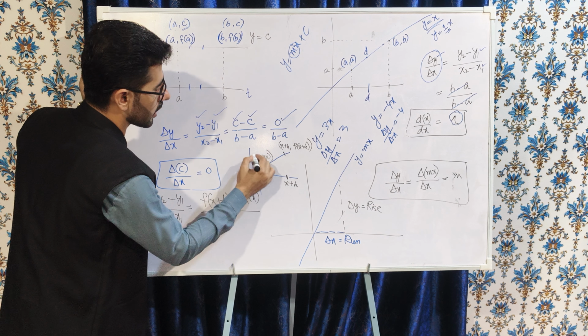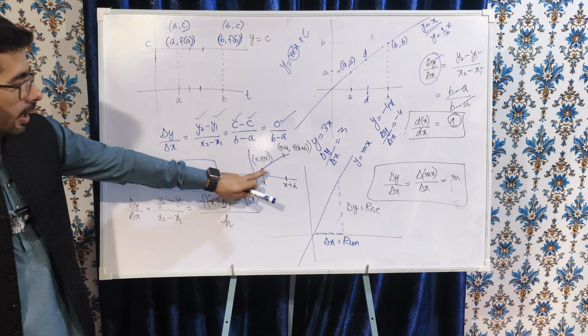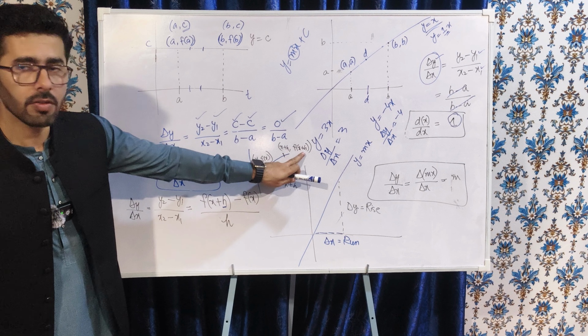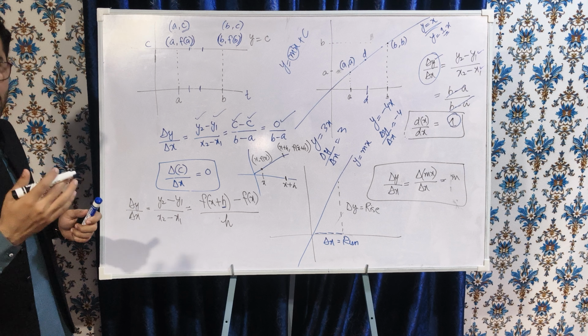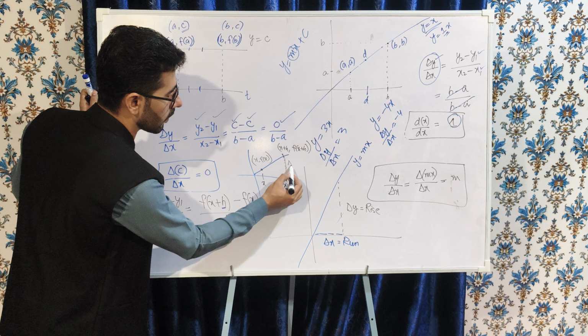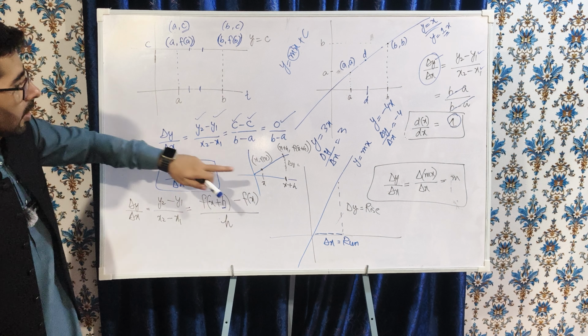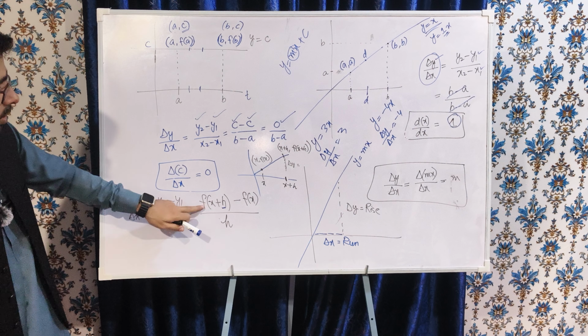So these are the two values that I'm looking at. For example, this is a and f of a, this is b and f of b. So if we look at the rise that we have established, on the y-axis, the change in y, this height is from f of x to f of x plus h. So this is my height.